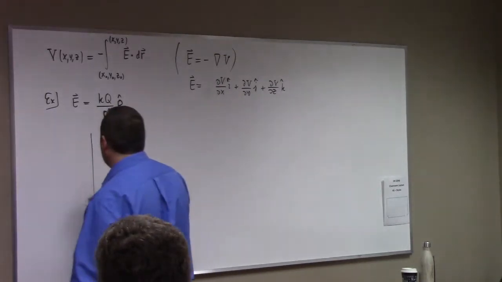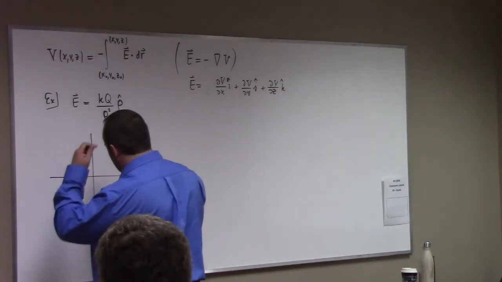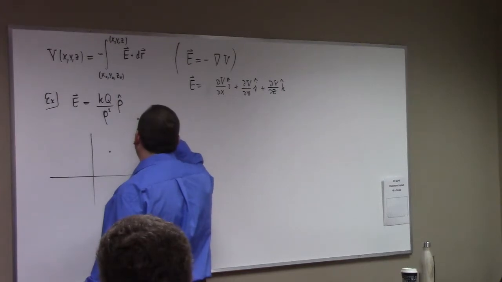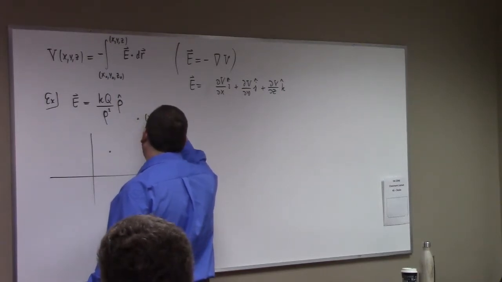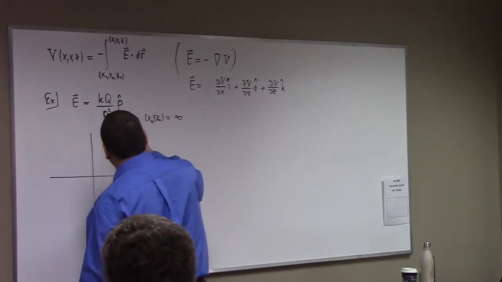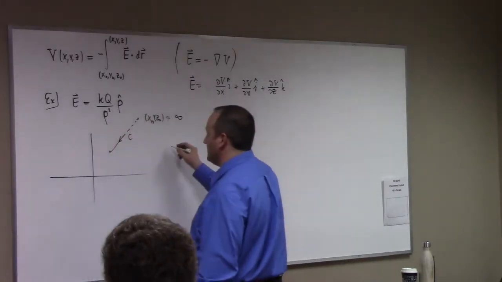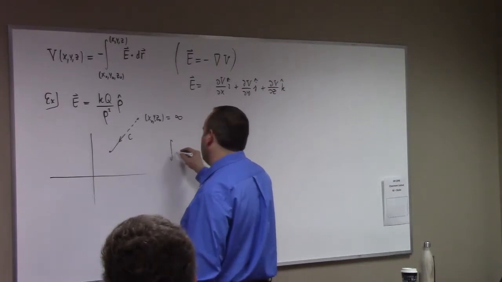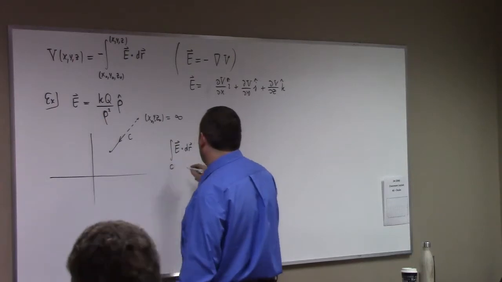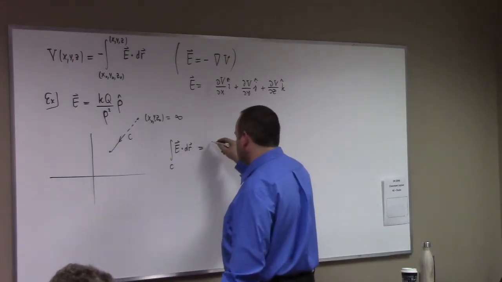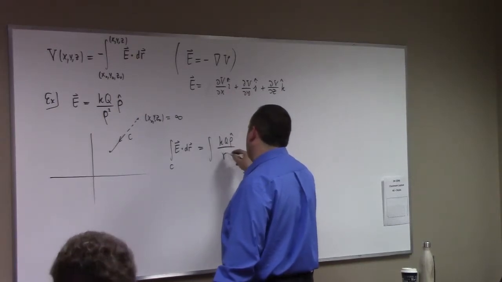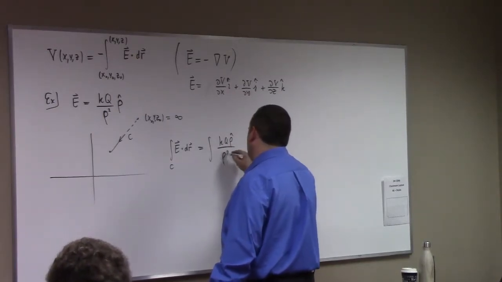And so if I wanted to, suppose I take x naught, y naught, z naught to be infinity, so to speak, and then just consider my curve to be the radial path inward, the integral of E dot dr along this curve would be the integral of kq rho hat over rho squared.